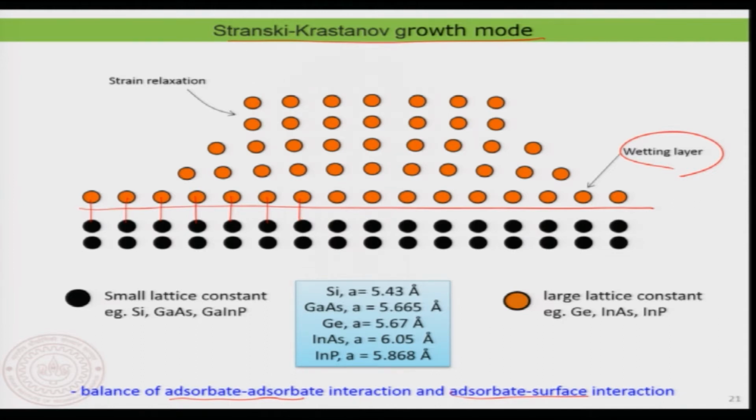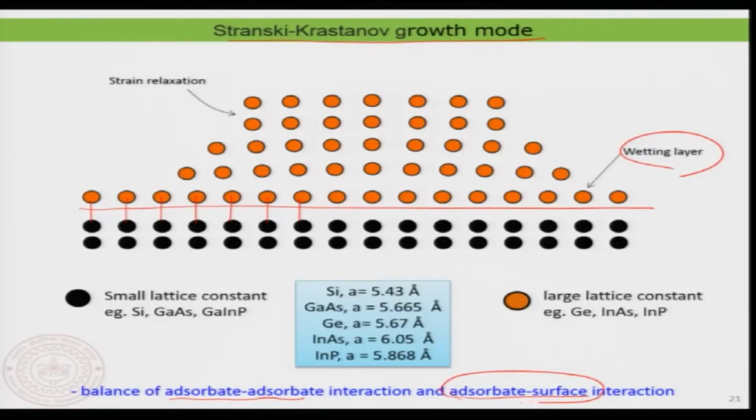But now the point is, since the atoms in the adsorbate layer are more or less relaxed, in the second layer what happens? The influence of the surface is getting reduced. That is the reason why I said that there has to be a nice balance between the adsorbate surface interaction and the adsorbate interaction.